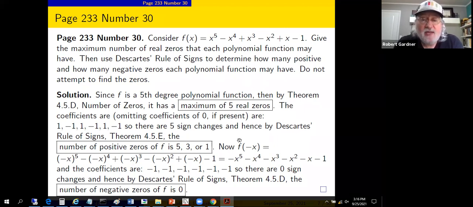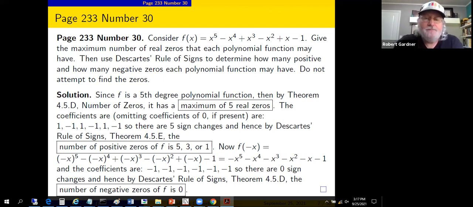But with the information we have, I can't give you a precise answer on what the zeros are, especially not for a 5th degree polynomial. But I can tell you a bit of information. It's got at most 5 real zeros, and at least one of those zeros is positive. Possibly it has 3 positive real zeros. Possibly it has 5 positive real zeros. I don't know. I was lucky to notice it has to have at least one, and by the way, x equals 1 is a zero. Possibly there are more positive real zeros.